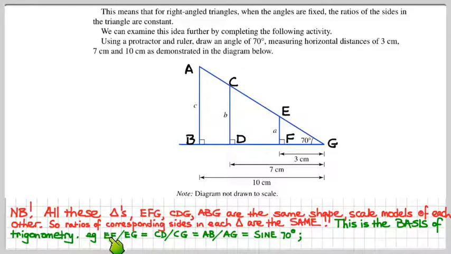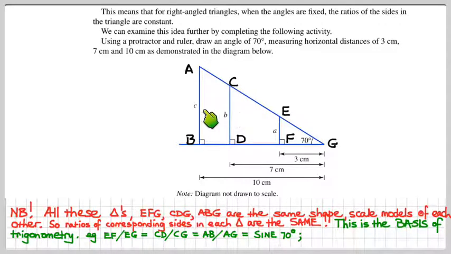For example, watch this: EF over EG. Now that means EF over EG, that's this opposite angle, opposite the 70 degrees, and the hypotenuse, so opposite over hypotenuse of the small triangle, will be the same result as this opposite over this hypotenuse in this triangle, which will also be the same result as this opposite over this hypotenuse in this triangle, because the ratios of those sides are in the same proportion to each other, because the shapes are identical.